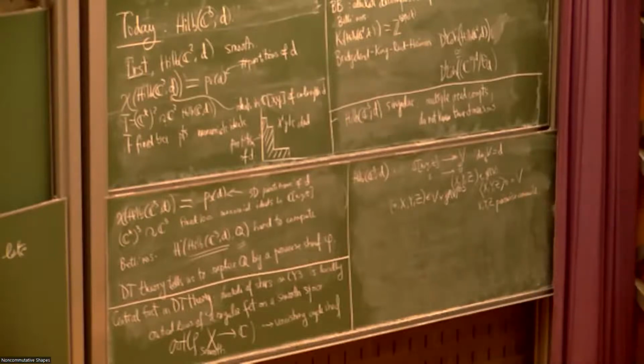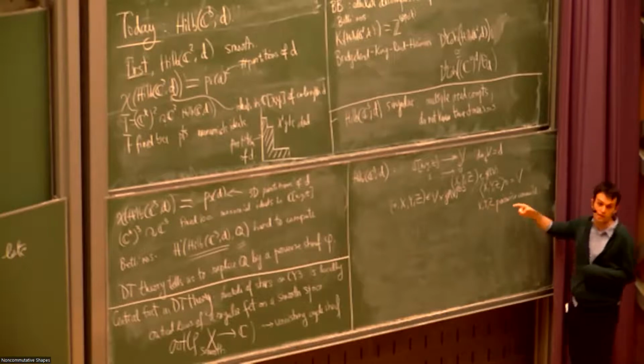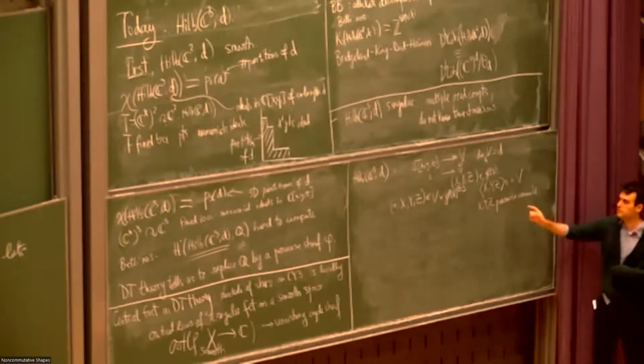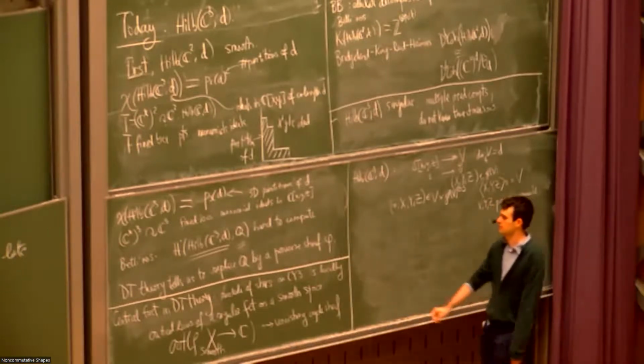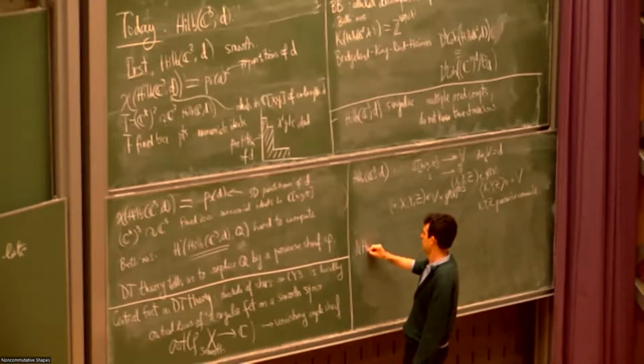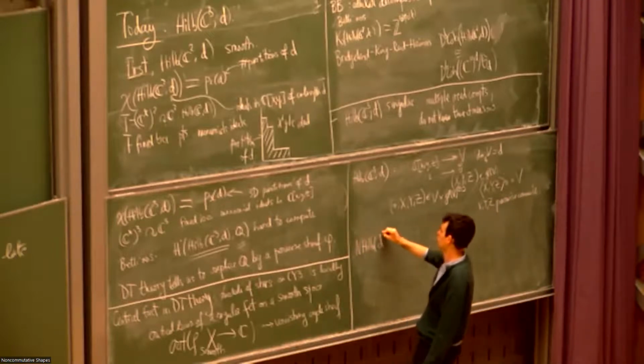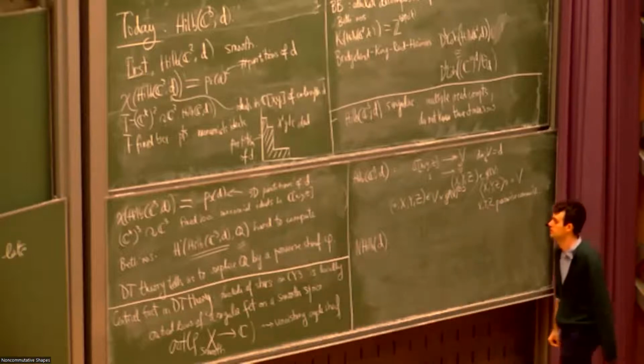This second condition is the one that introduces singularities. So let's eliminate it. And then we consider the non-commutative Hilbert scheme of d points.